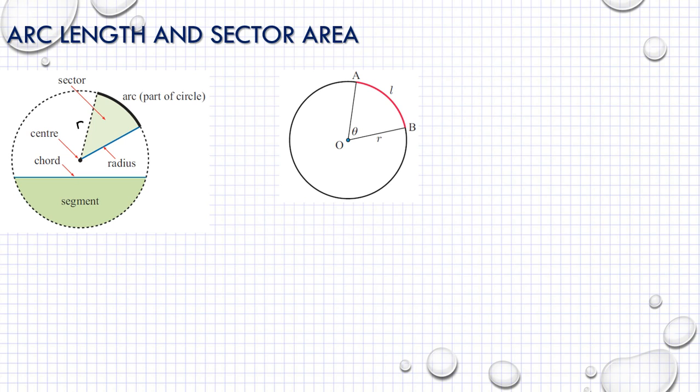The area that is formed is called a sector, and the length between the first radius and the second radius is called the arc.